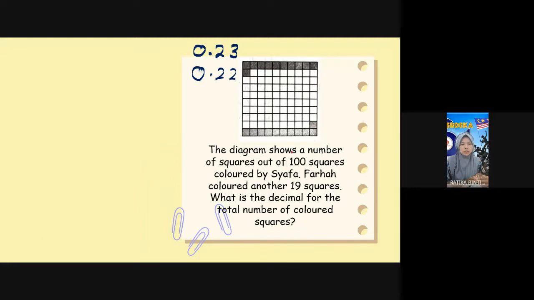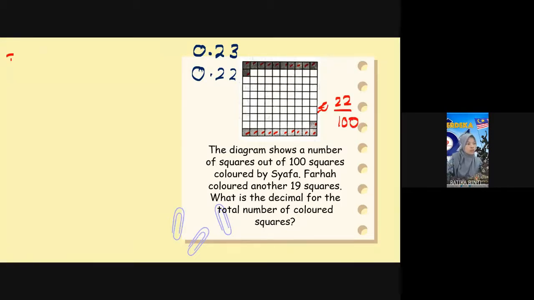The diagram shows a number of squares out of 100 squares. Colored by Shafa. So how many actually colored? 1, 2, 3, 4, 5, 6, 7, 8, 9, 10, 11, 12, 13, 14, 15, 16, 17, 18, 19, 20, 21, 22. This is 22 over 100.